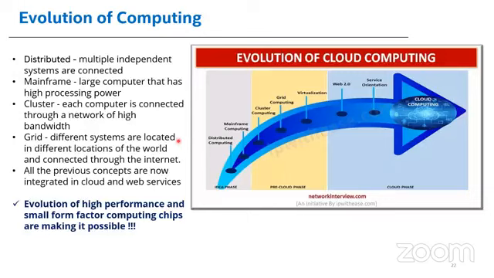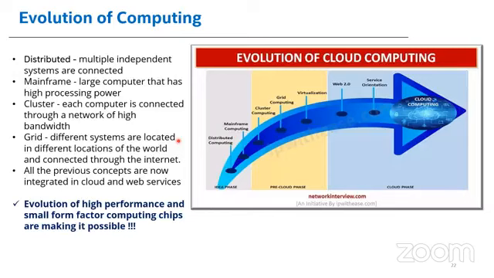So distributed computing and cluster computing are making it possible to distribute the workload across different computing engines, right? Similarly, the concept of grid computing is becoming available. What is it? You have computing power in different geolocations of the world, right?